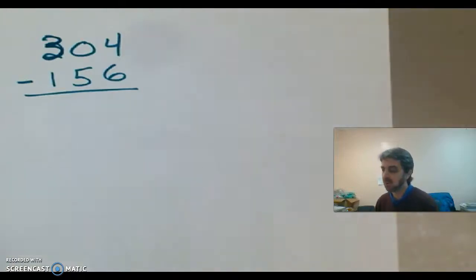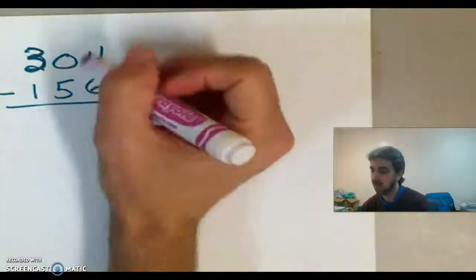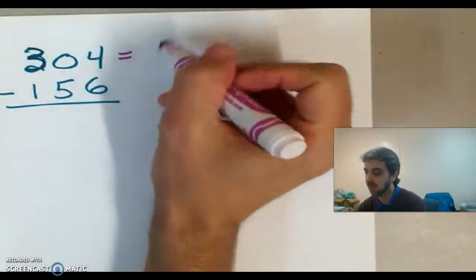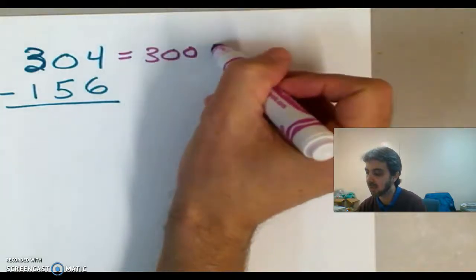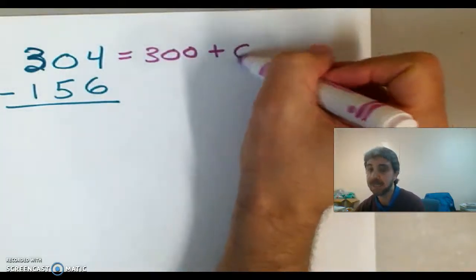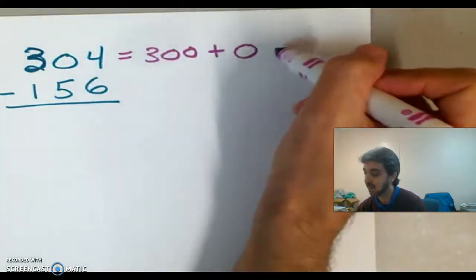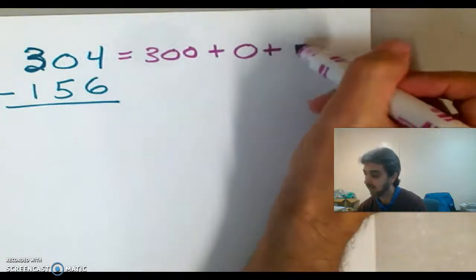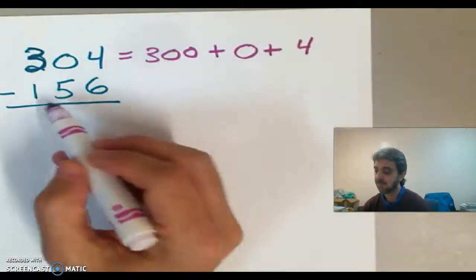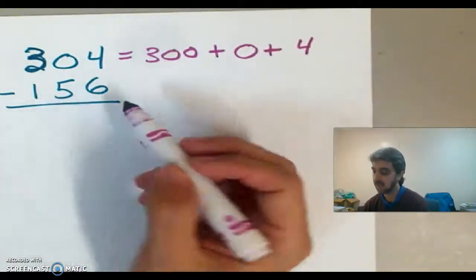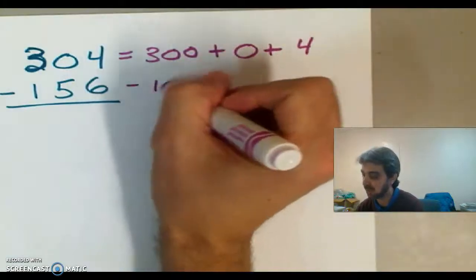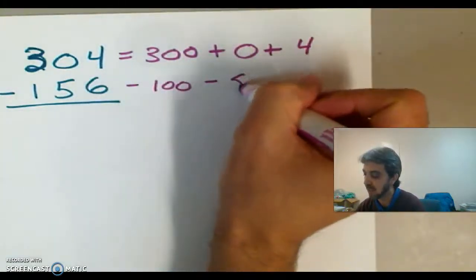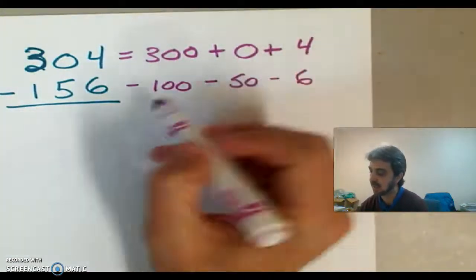So if we use the place value strategy, we have 304 equals 300 plus 0, plus 4 more. And if I have 156, then I'm subtracting 100, I'm subtracting 50, and I'm subtracting 6.